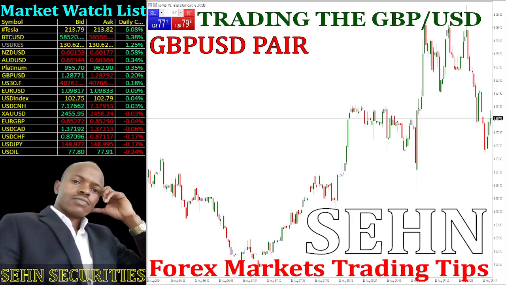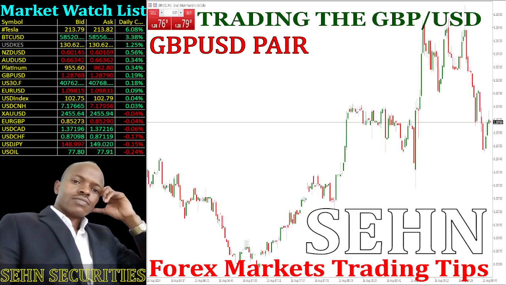These tools will help in pinpointing entry and exit points and gauging the overall market trend. For example, if the pound-dollar is approaching a major support level and the relative strength index indicates oversold conditions, it might present a buying opportunity.